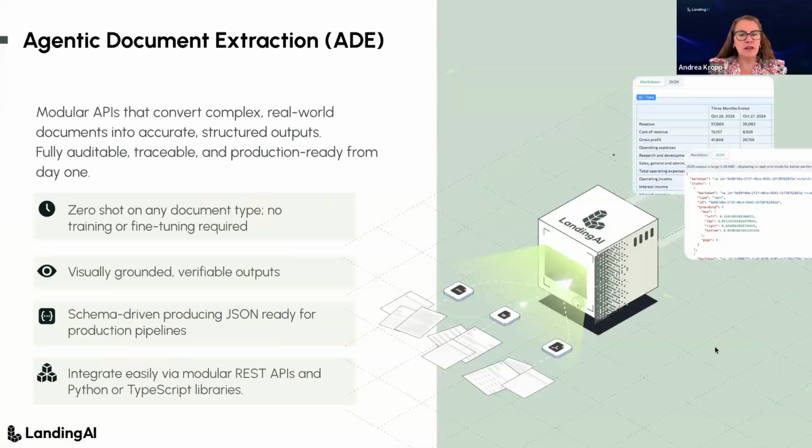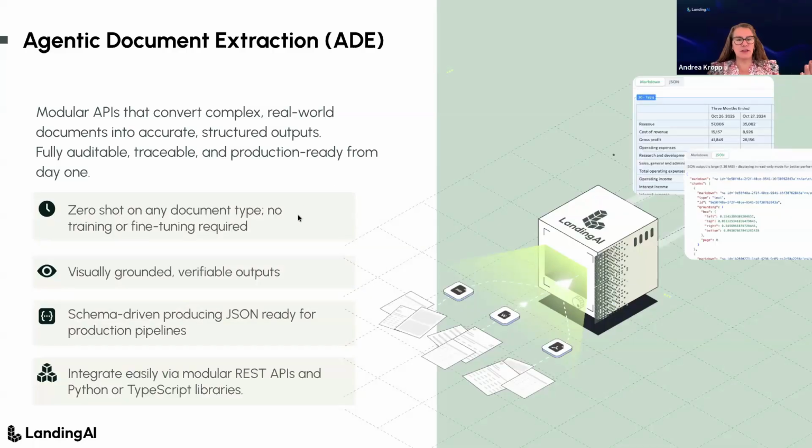So today we're going to be talking about agentic document extraction. There's a lot of great details on this slide, so forgive me for reading them to you. We're providing a set of modular APIs that can take those complex real-world documents and turn them into accurate structured outputs. That process is going to be fully auditable, traceable, and production ready. On your side, it is zero shot.